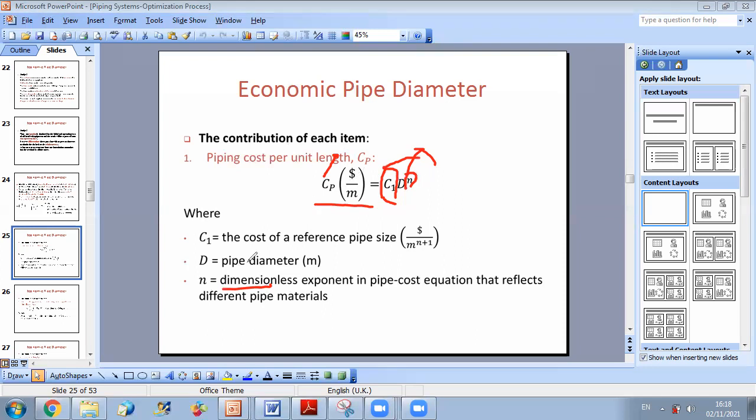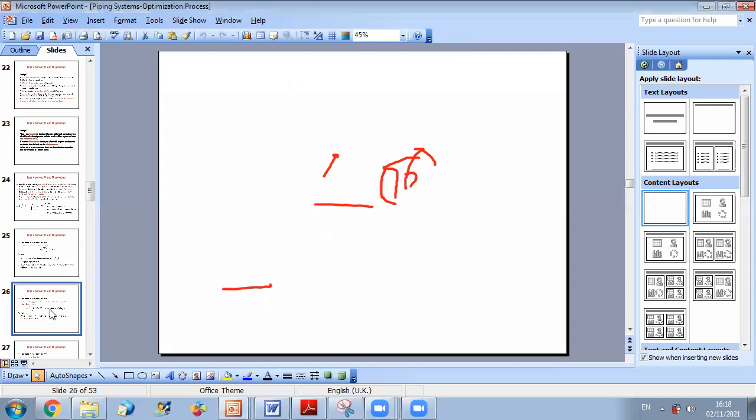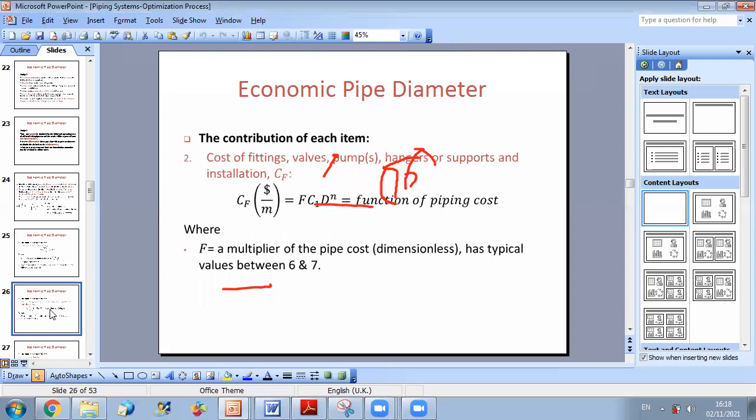Okay. Now, other costs include the cost of fittings, valves, pumps, supports, etc. So to assess these costs, we also need information. كمان هون, okay, في عنا a tool that relates this cost to the cost of the piping system. يعني نحن شفنا انه C1 times D to the power n هو الpipe cost.